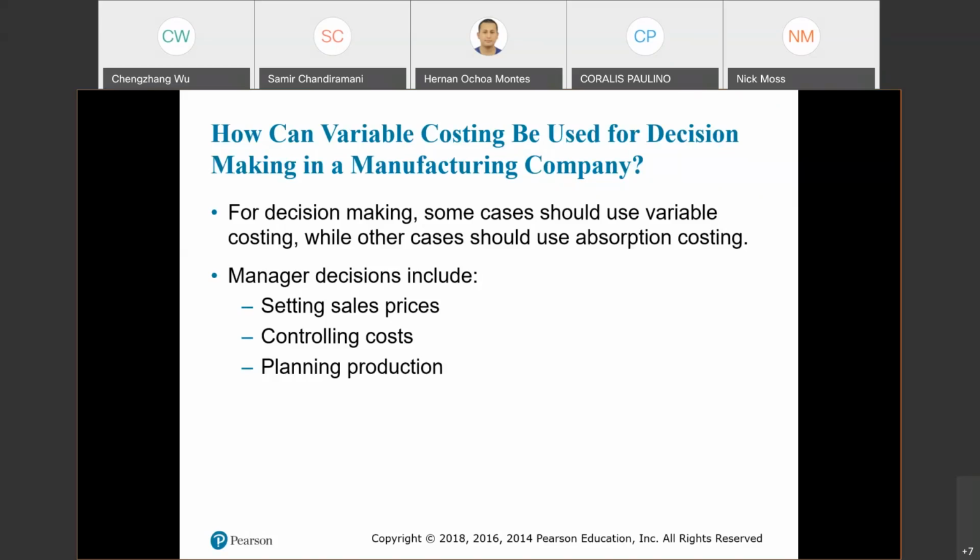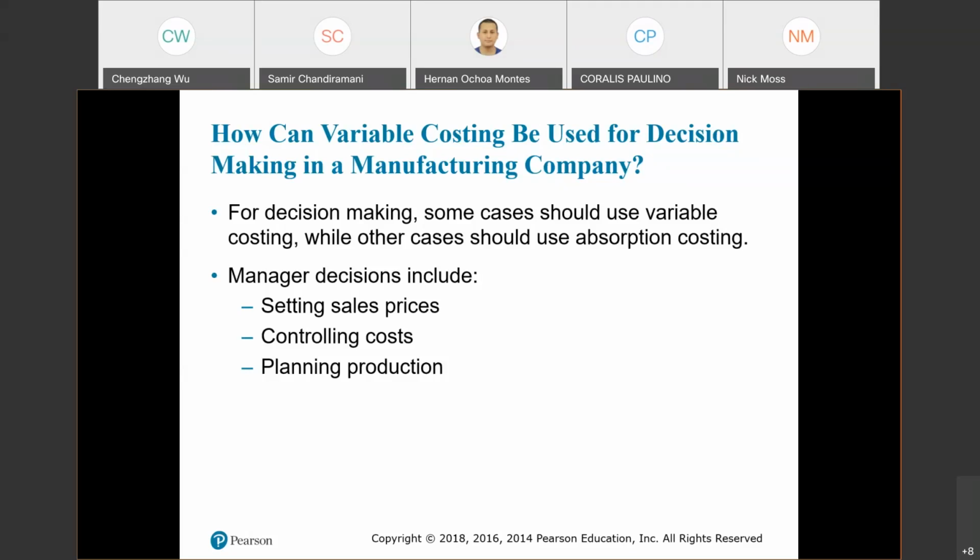And the second decision, let's see, controlling the costs. We sometimes think that some costs are not controllable. For example, if the company signs a 5-year lease for the manufacturing facility, the rent expense is fixed and that will remain fixed for the next 5 years.